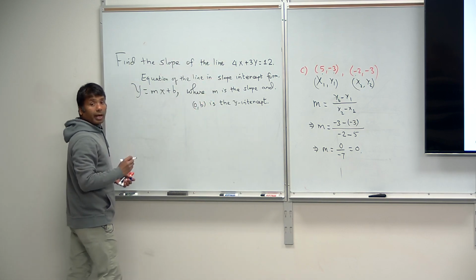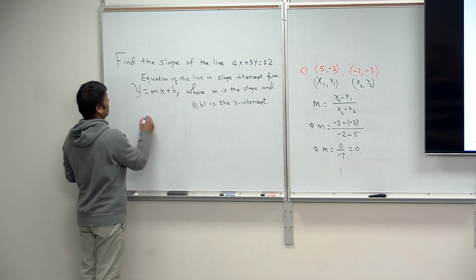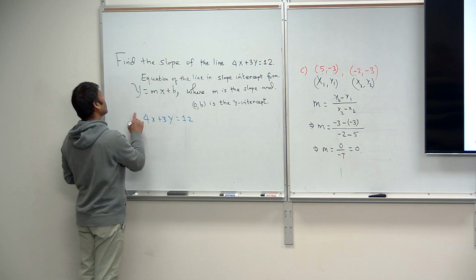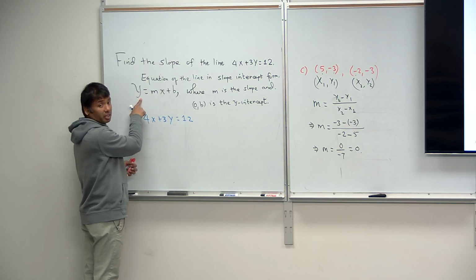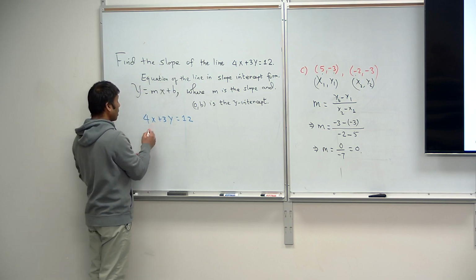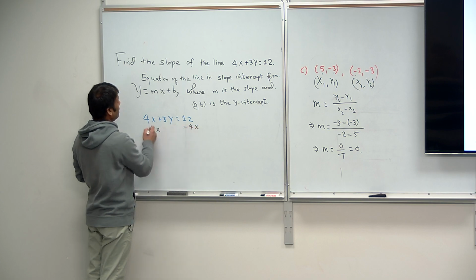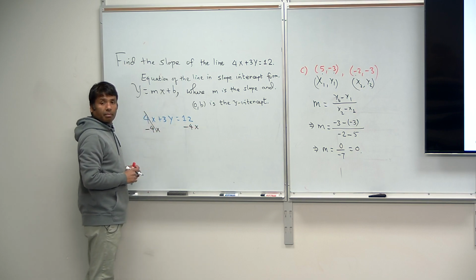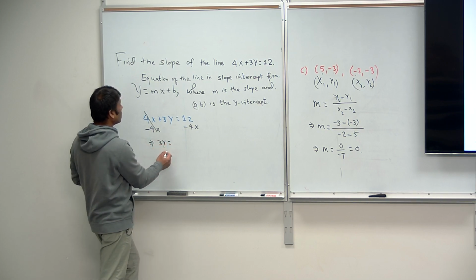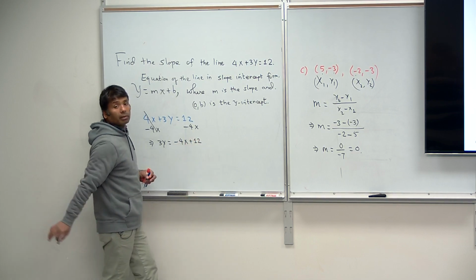So I have 4x plus 3y equal to 12. I want to keep 3y on the left side, so you subtract 4x from both sides and cross them out. Make sense? Now what do you have here? 3y equals negative 4x plus 12.